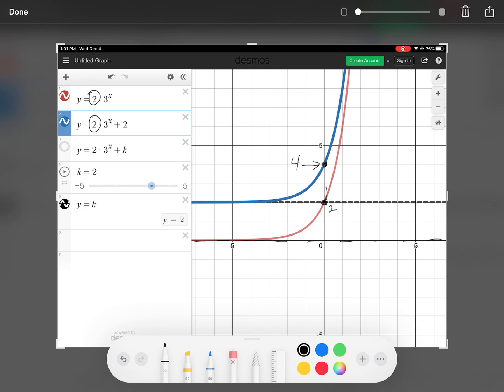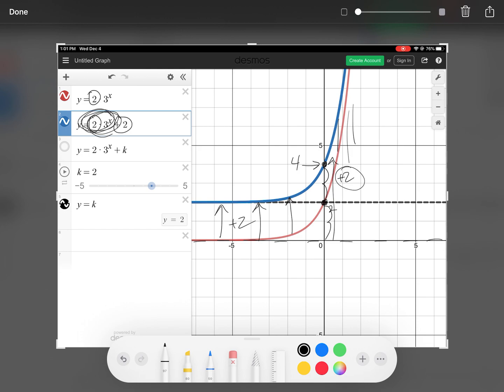But notice that it's 2 away from its asymptote. So this plus 2 is basically shifting everything up by 2. That's really all that is happening here.